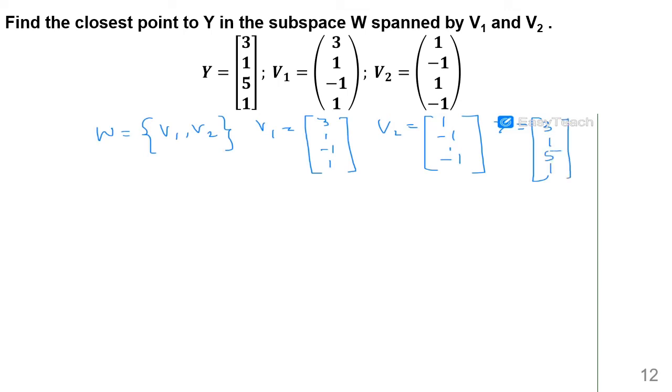Like the previous problem, we'll try to find out y cap. It is given as v1 dot y divided by v1 dot v1 multiplied by v1, plus v2 dot y divided by v2 dot v2 multiplied by v2.